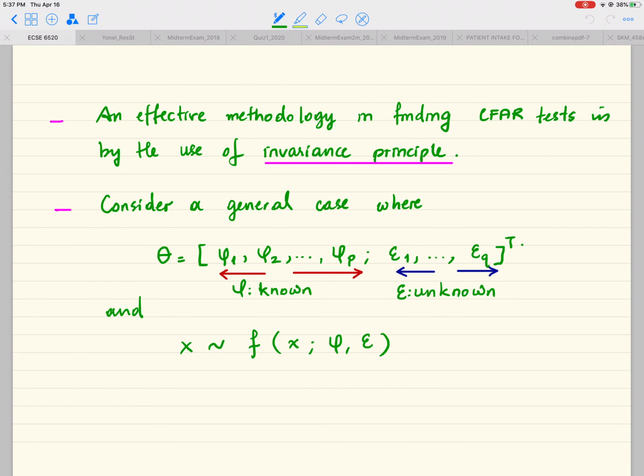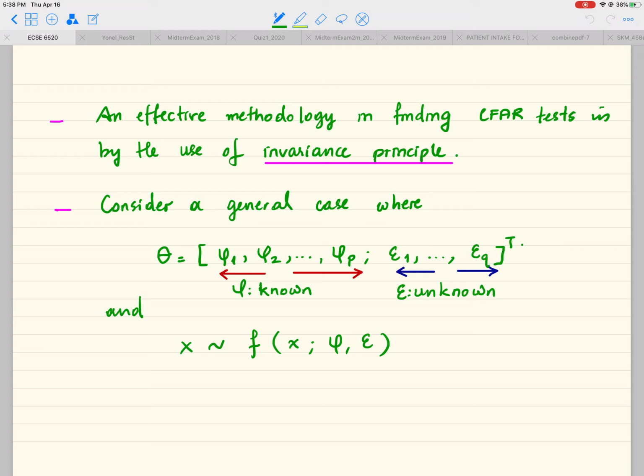All right. So depending on the problem that we have in hand, this might be addressed in a different way. But one methodology in addressing this is based on the so-called invariance principle. So let's assume we have our parameter set theta, and it has two components, phi, which is the known component, and epsilon, which is the unknown component. For example, we may like to detect a signal embedded in noise, but we don't know the noise statistics.